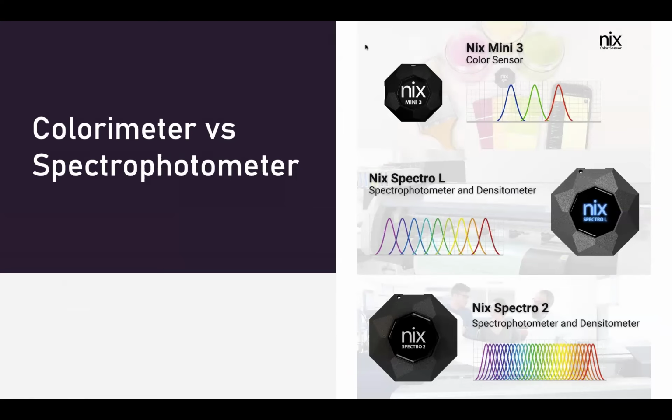There we go. The Spectro L measures across 9 different places in the visual spectrum. It actually upsamples that to 32, but the actual physical measurements occur at 9 places in the visual spectrum, making it a spectrophotometer. The Spectro 2 is just a more advanced spectrophotometer measuring, I believe, in 32 channels across the visual spectrum. And so you can see the differences there displayed visually.